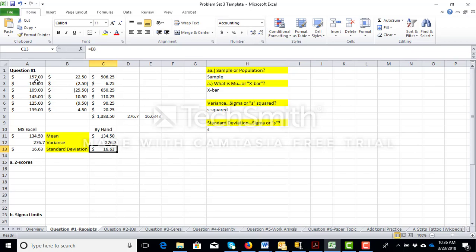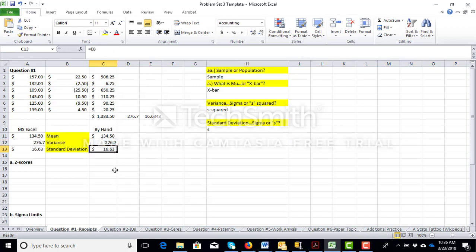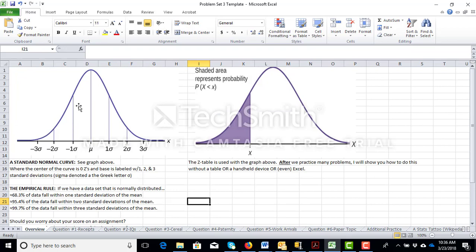What we've done here is we've looked at each receipt, we've looked at how far away that receipt is from the average, then we've squared those distances, then we added them up and we divided by n minus 1 to get the variance. But the variance is hard to talk about because the units are dollars squared, so we prefer the standard deviation. And in this case, when we take the square root, we get $16.63. So now we have an average and a standard deviation. We are now ready to look at the curve.